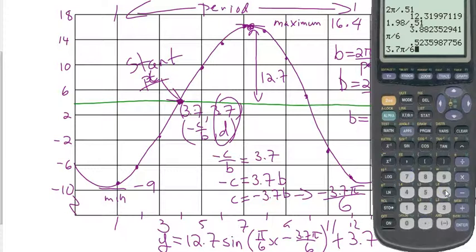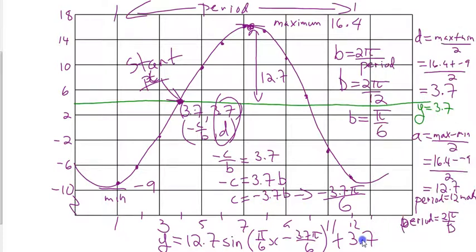In our equation here we had 1.98 and we had 1.94. We had 3.7, it's 3.65. We had 12.7, it's 12.72. So I think we did a pretty good job coming up with the regression equation by plotting the points, drawing a sine function, and just analyzing it that way, right?